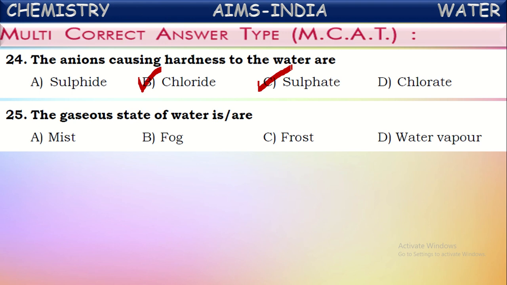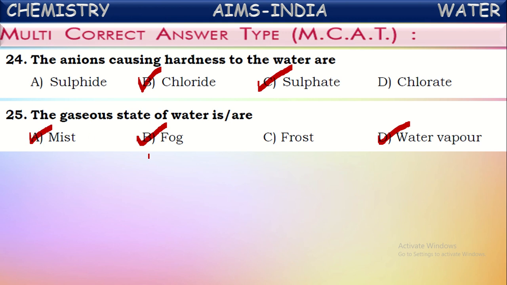And coming to gaseous states, water is available in the gaseous state as water vapor, fog, mist. At different conditions, these all will be available in the gaseous state. Water vapor, mist, fog, these are gaseous forms of water.